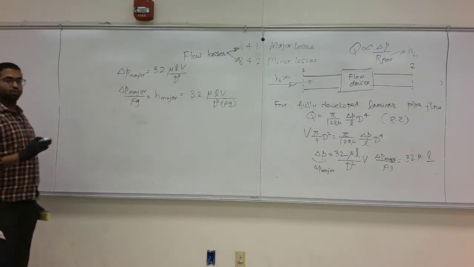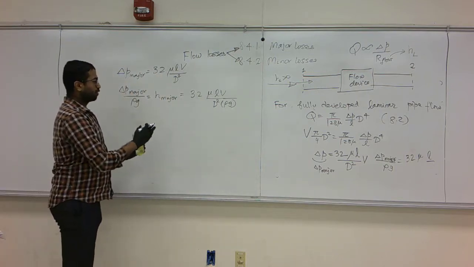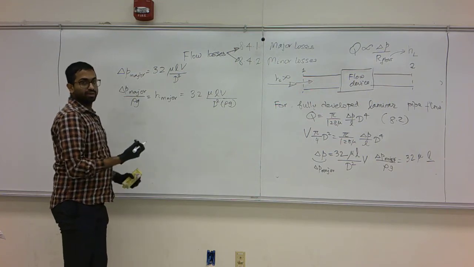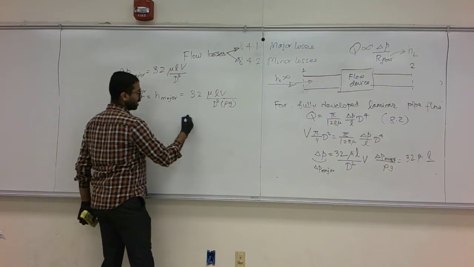Now I need to write it in a form that makes it a function of Reynolds number that is consistent with the prior analysis we did.